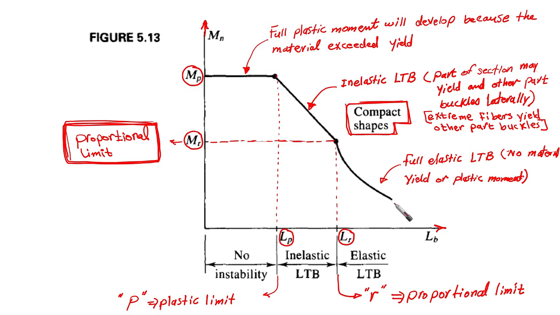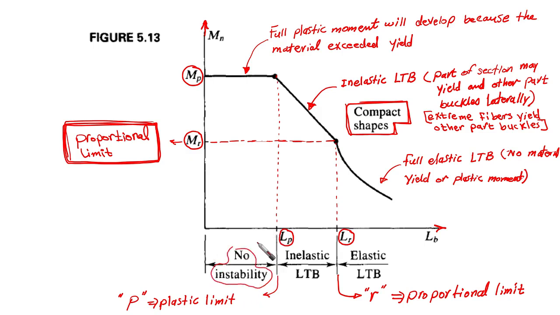Do you remember? And we are going to put different zones along the horizontal axis. The first zone is where LB, the bracing length, is small, until reaching a point called LP. This distance identifies what we call no instability.